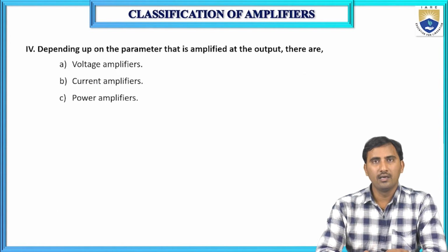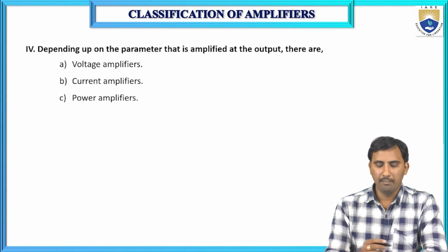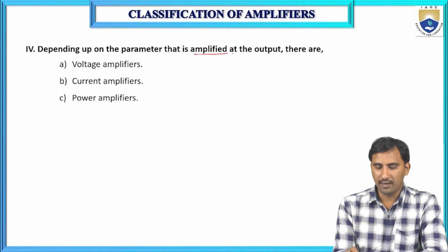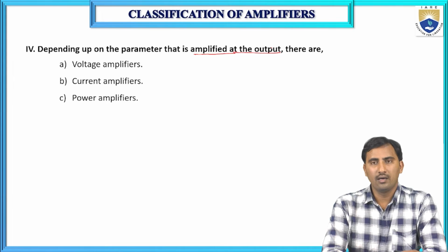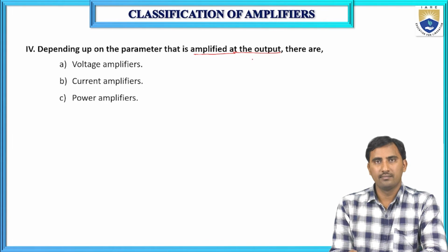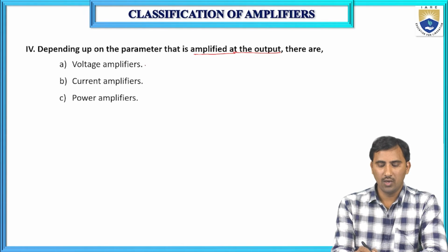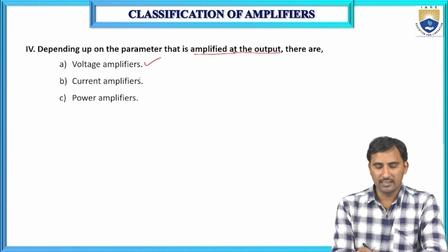And next one, classification of amplifiers based on the quantity to be amplified at the output. The amplifiers are classified into three types. One is voltage amplifiers, second one is current amplifiers, and third one is power amplifiers.